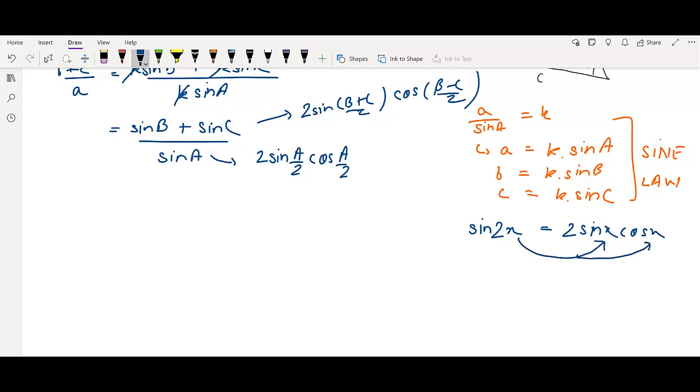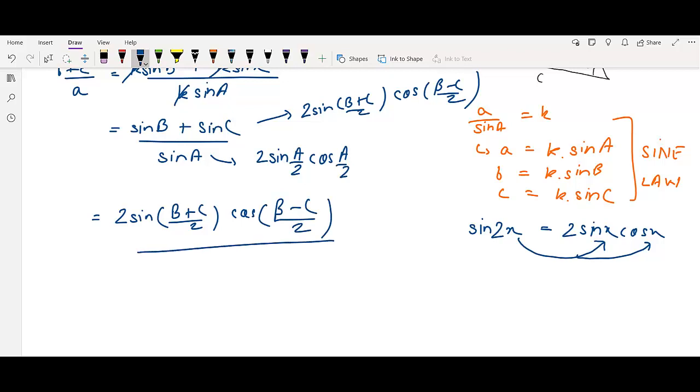So that's why sine of a can be written as 2 sine a by 2 cos a by 2. So substituting for these expressions, I get 2 sine (b plus c) by 2 cos of (b minus c) by 2 upon 2 sine a by 2 cos a by 2.